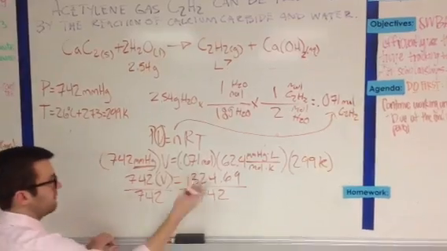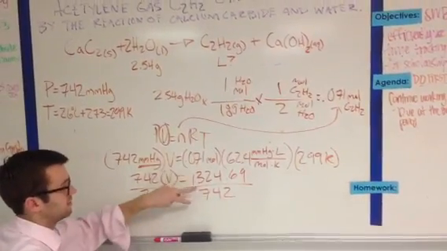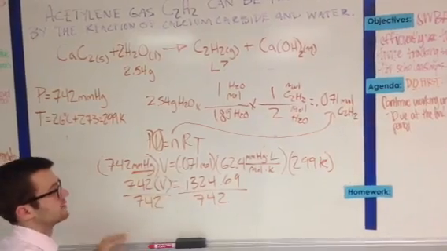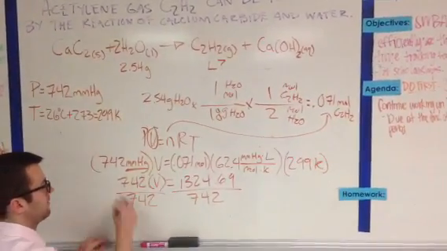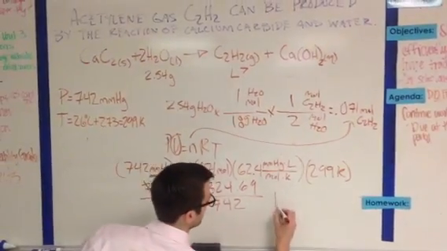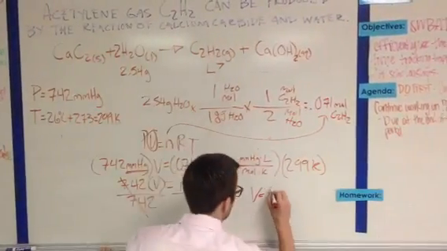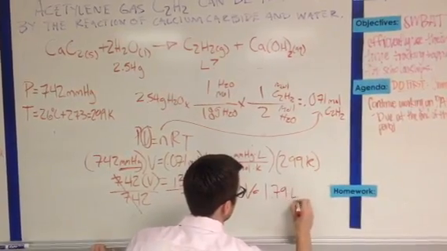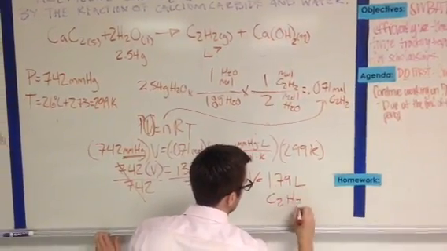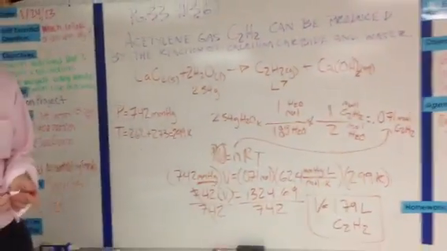A lot of you are flipping this last fraction, and all the multiple choice problems have both options, both the fraction flipped and the correct answer. So make sure you follow this last step and cancel out 742 on this side to get V by itself. And you should get the volume of the gas as 1.79 liters of C2H2. That would be your final answer.